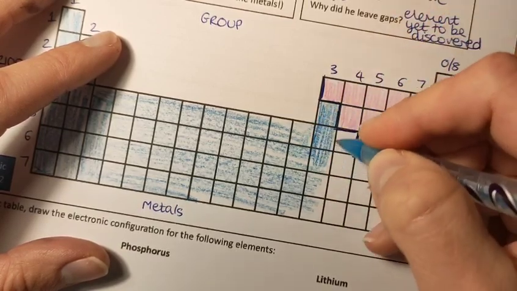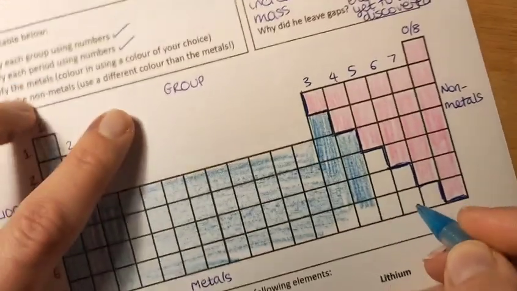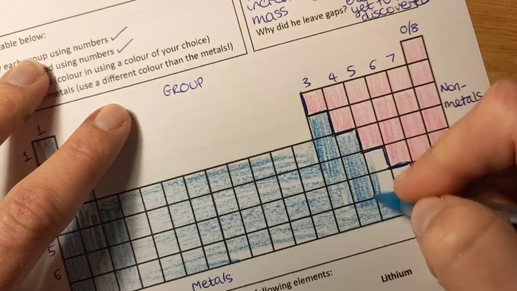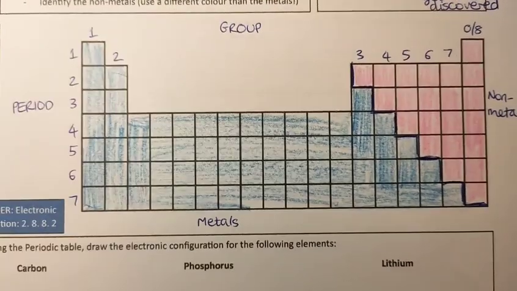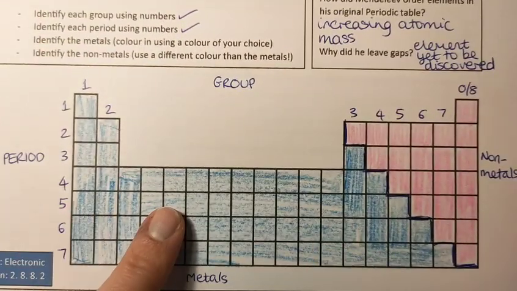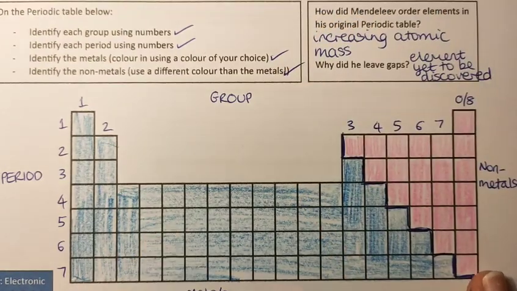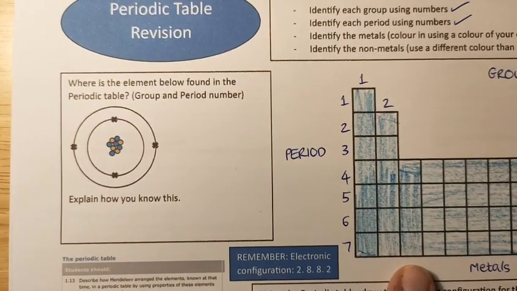You've actually got metalloids that are found in here as well, but we don't need to know too much about those, so we're just going to leave that for now. Okay. So the metals are there, non-metals are there. So we've done those two up there as well. Brilliant. Nicely labelled.